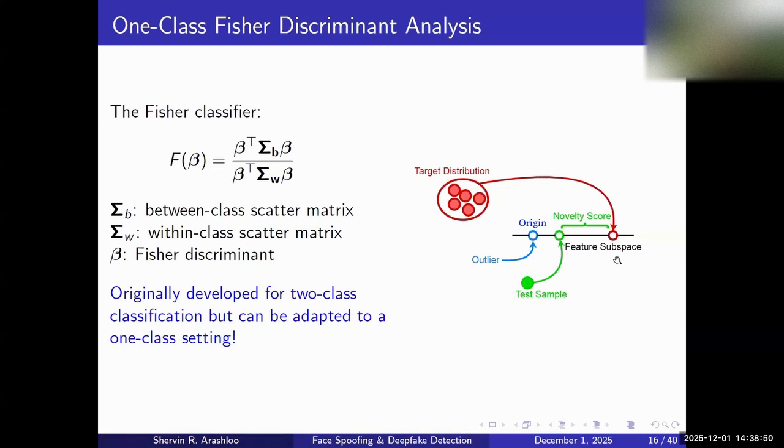Because in practice, if we measure the distance from a test sample to the closest positive sample, positive training data sometimes may include some noisy data, or data may not be perfect. So it is possible that some of the samples may lie where they shouldn't lie. That's why we measure the distance to the mean, to the center of positive samples. I see. Okay. All right, thank you. Thanks.